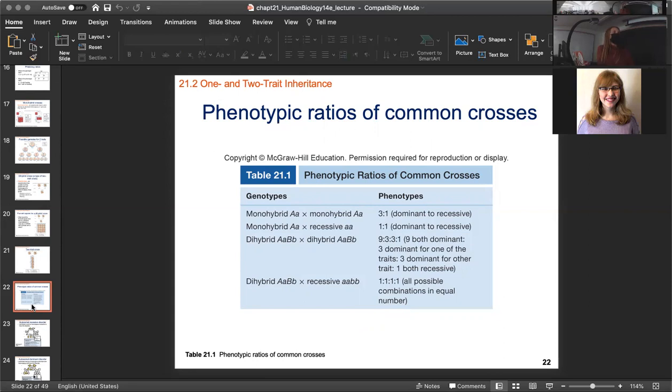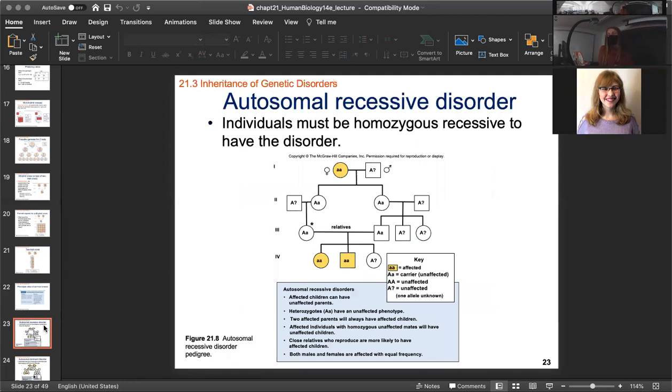If you have a dihybrid heterozygous, it's always going to be a 9-to-3 to 3-to-1. And then a dihybrid heterozygous to a recessive homozygous, it's always going to be a 1-to-1 to 1-to-1. If you like to recognize patterns, you do not need to memorize this table by any means because you could work it out. You could figure it out through Punnett squares.